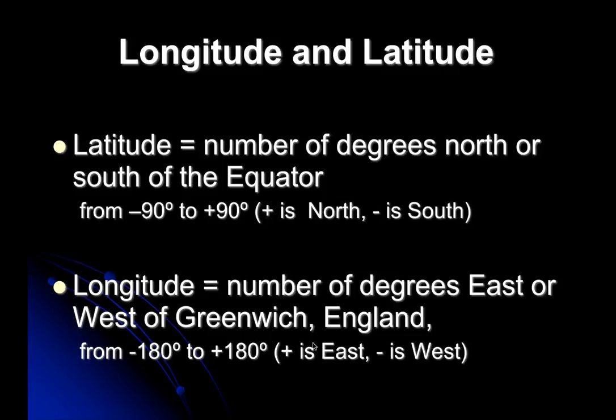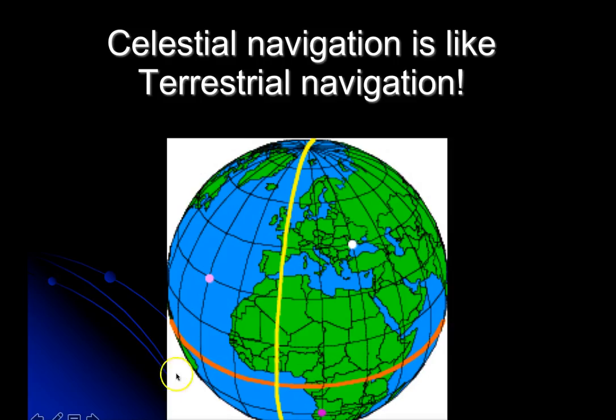Latitude is the number of degrees north or south of the equator. Longitude is the number of degrees east or west of a particular line. So here is the line that I'm talking about. This is called the prime meridian. It goes through Greenwich, England, which is close to London. And this is my latitude line, the equator.